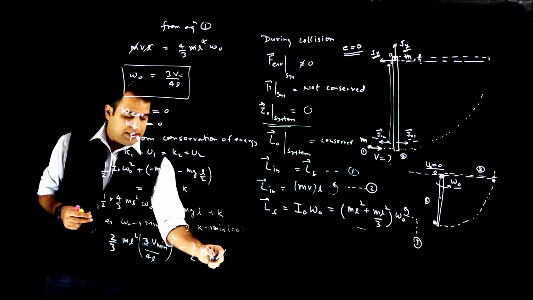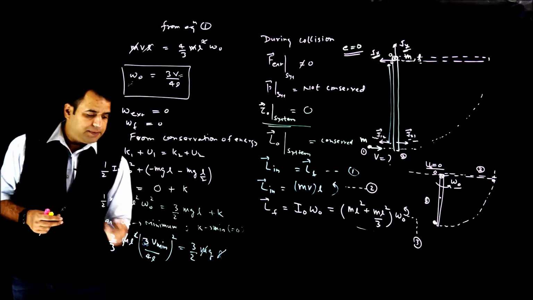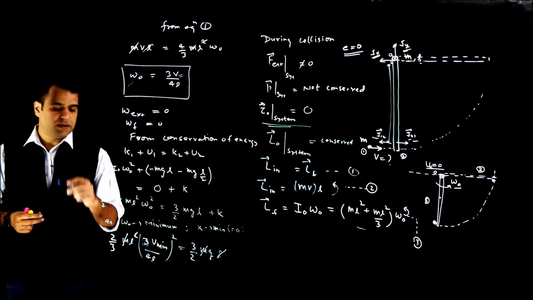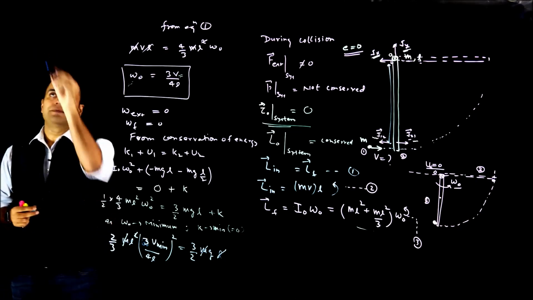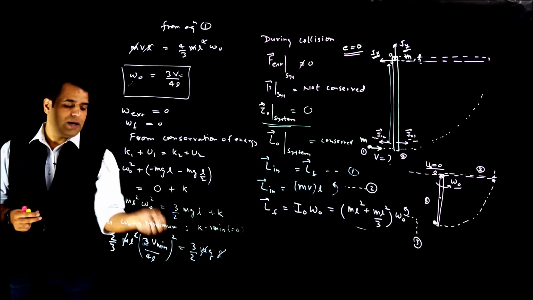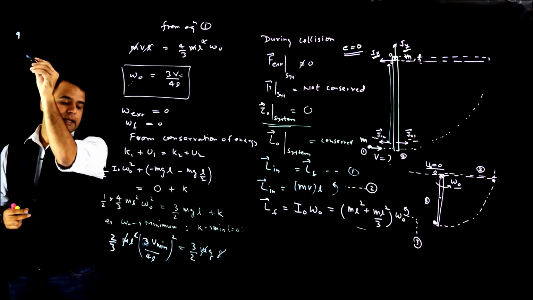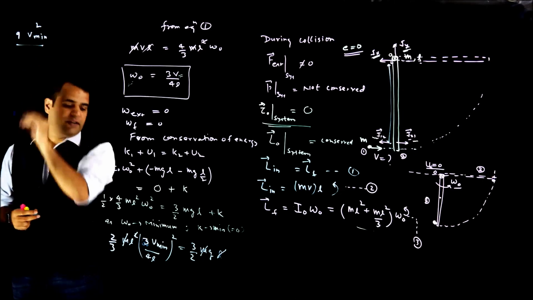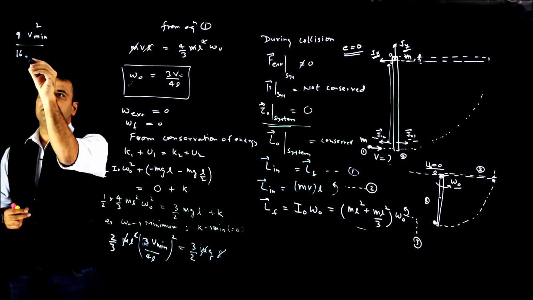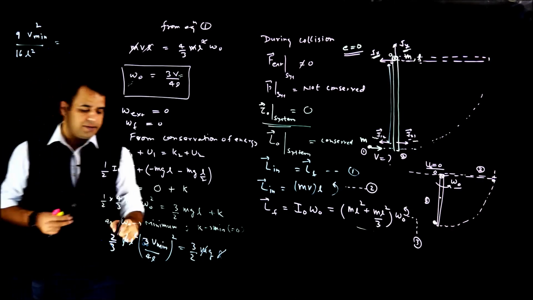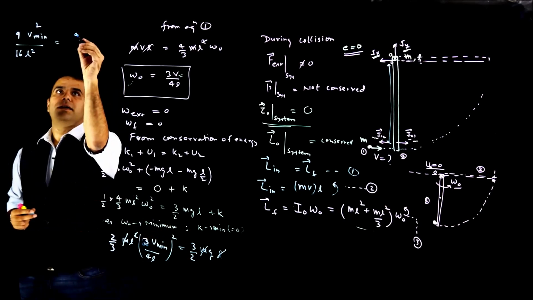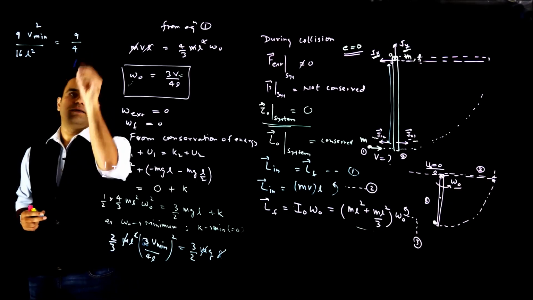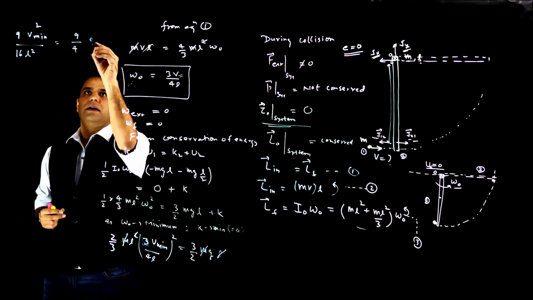So m and L here, m and L cancel. We'll square this whole value: 9 V minimum square divided by 16 L square, and that is equal to, taking this 2 there, 9 upon 4 G.